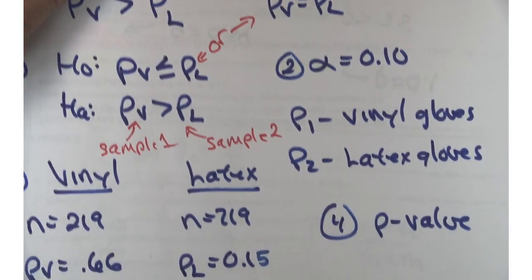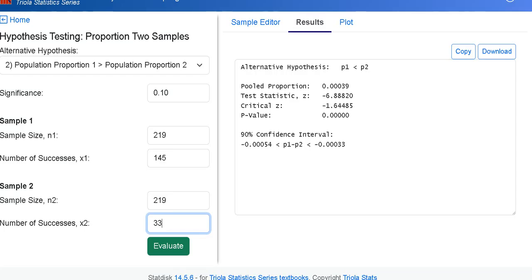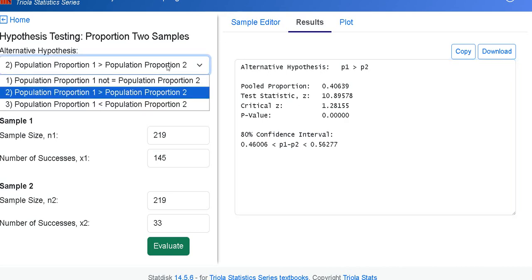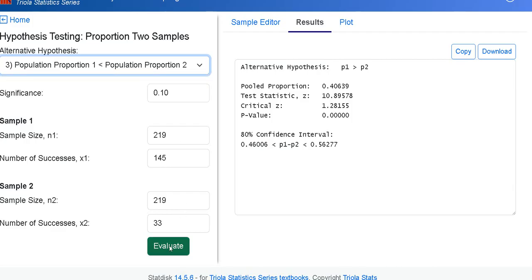So, okay. Now let's find our p-value. And it's all zeros again. Here's the thing. This is a chance for you guys to catch a mistake. Suppose you set up your alternative hypothesis in the wrong direction. Now take a look at my p-value. 1. That's basically saying, yeah, we think H0 is true.